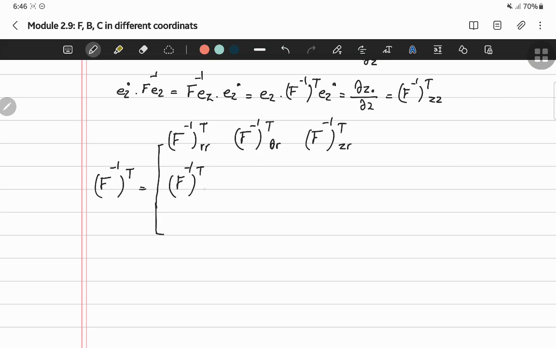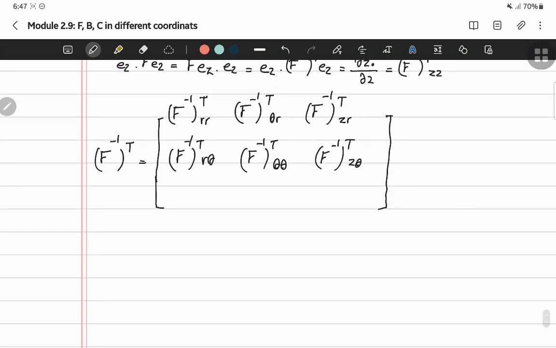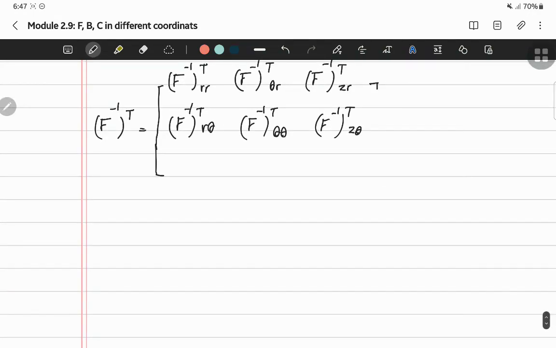Here we have R theta should come here. Then we have F inverse transpose theta theta, then F inverse transpose Z theta. And then we have F inverse transpose RZ, F inverse transpose theta Z, F inverse transpose ZZ.